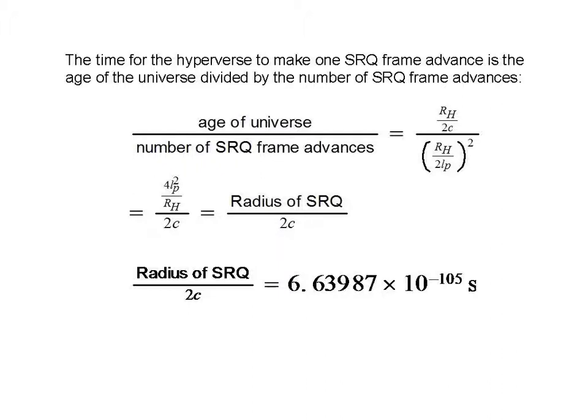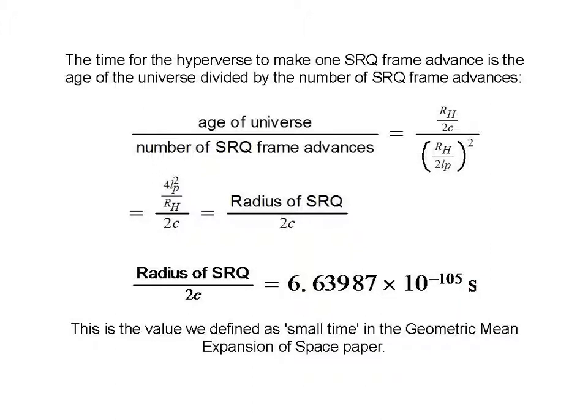The time for the hyperverse to make one SRQ frame advance is the age of the universe divided by the number of SRQ frame advances. So our age of the universe divided by r sub h over 2Lp squared gives us the radius of the SRQ divided by 2c. And that's 6.6 times 10 to the minus 105 seconds. This is the value we defined as small time in the geometric mean expansion of space paper.